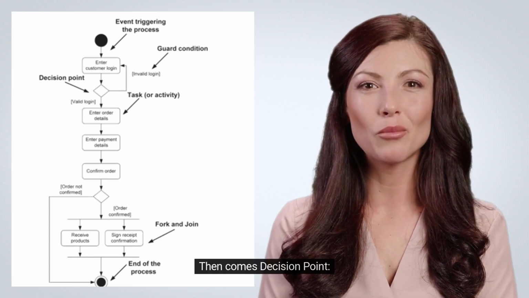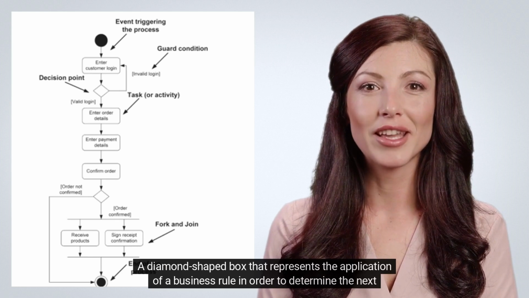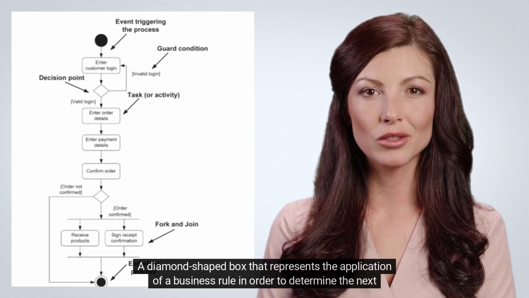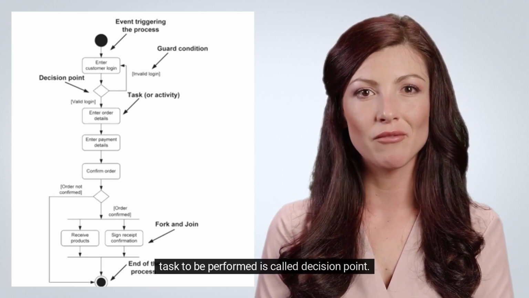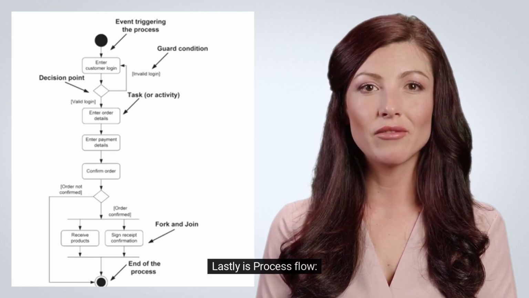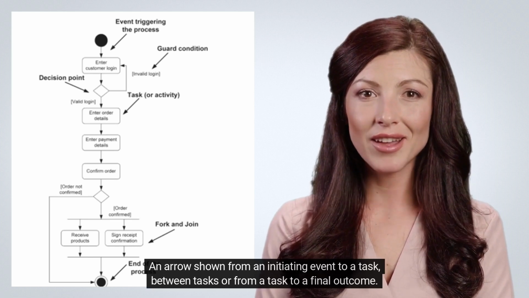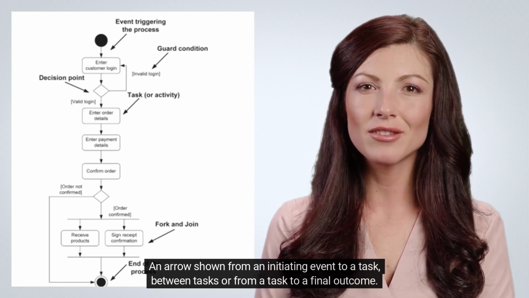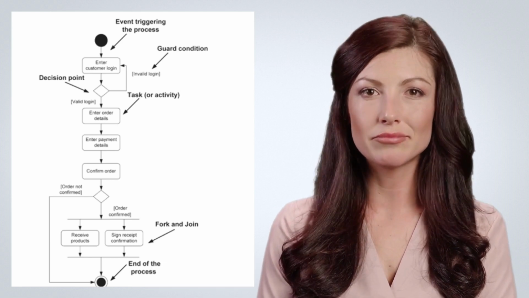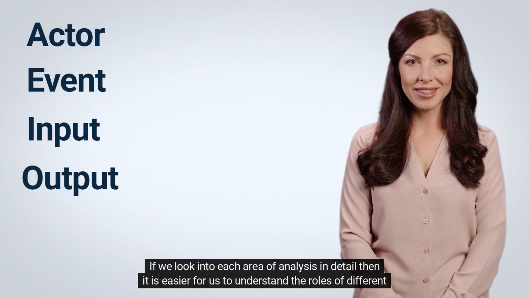Then comes decision point. A diamond-shaped box that represents the application of a business rule in order to determine the next task to be performed is called decision point. Lastly is process flow. An arrow shown from an initiating event to a task, between tasks, or from a task to a final outcome.